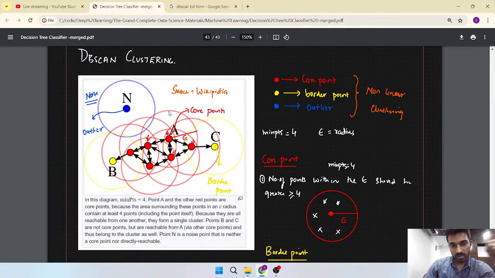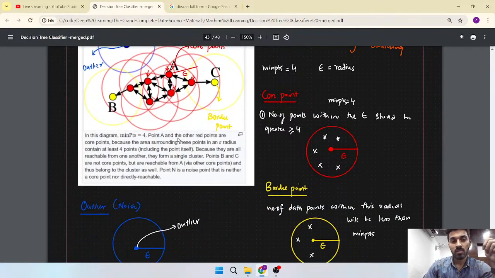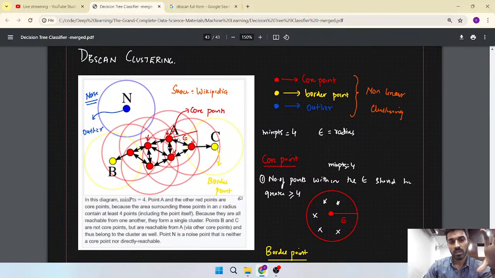So this is the DBSCAN algorithm, which works very well if you have noisy data. In the case of K-means, if you get some noise point, then your centroid will be shifted according to this noise point. But in DBSCAN, if you have some noise points in your data set, they will be neglected.